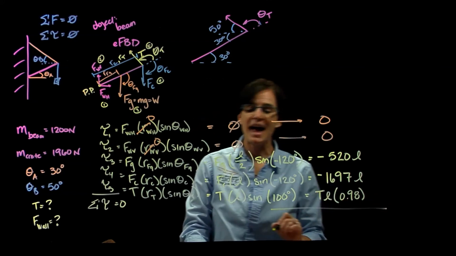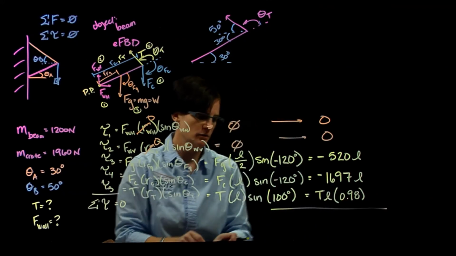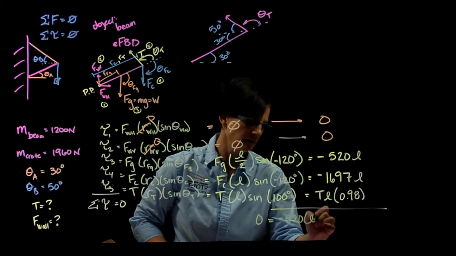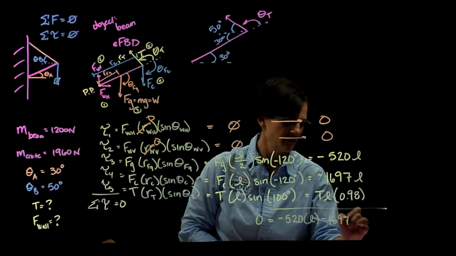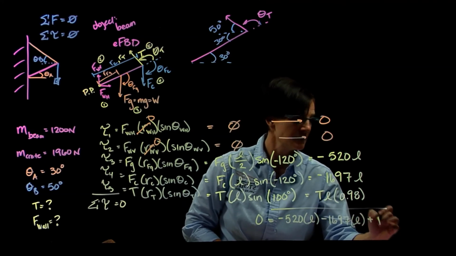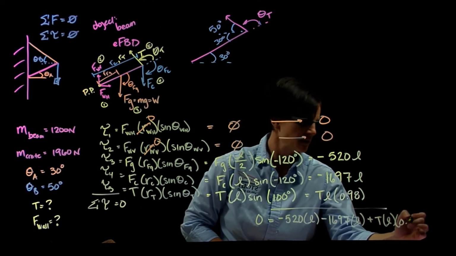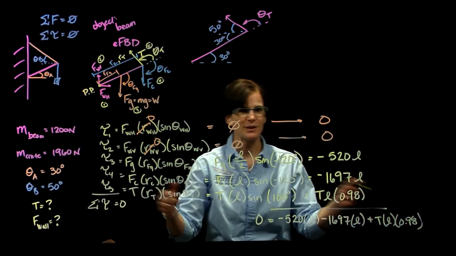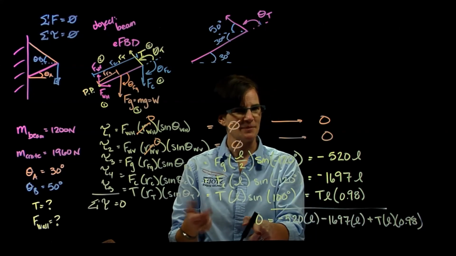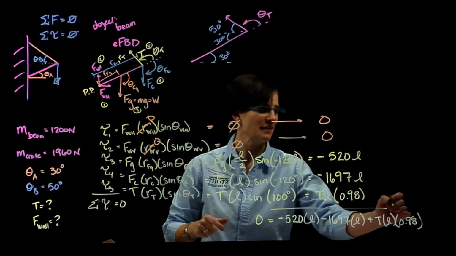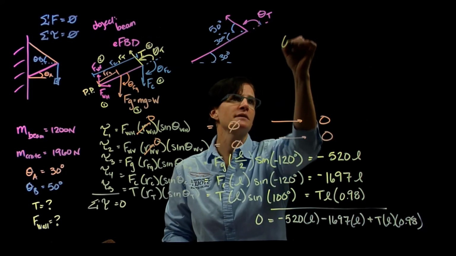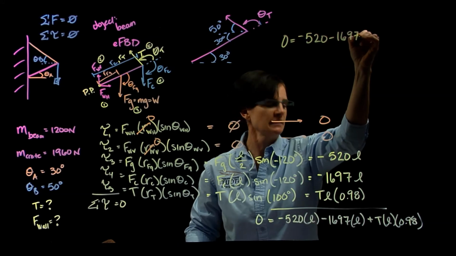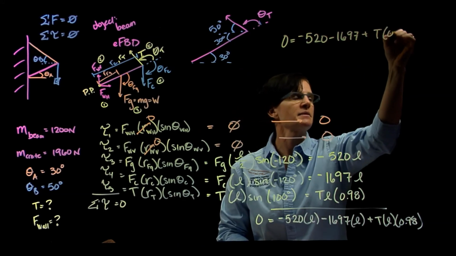So, I add these up. The sum of the torques is equal to 0. So I have 0 equals minus 520 times L, minus 1697 times L, plus T times L times 0.98. And the first thing I should notice is that L is in every term. I can pull it out and divide both sides by L. So I'm left with 0 equals minus 520 minus 1697 plus T times 0.98.